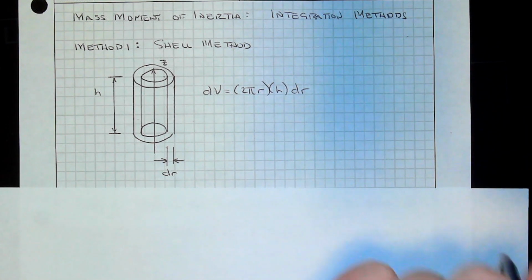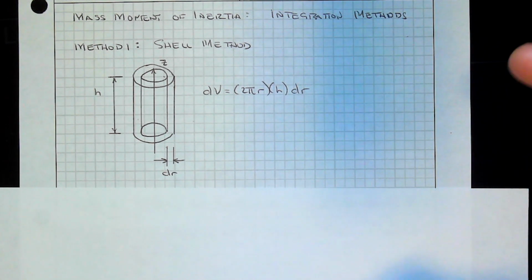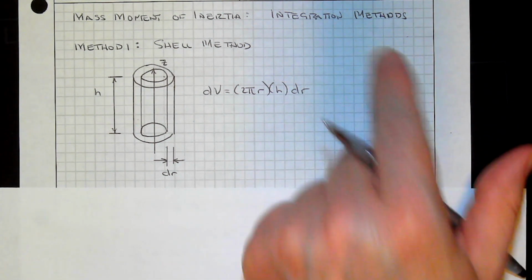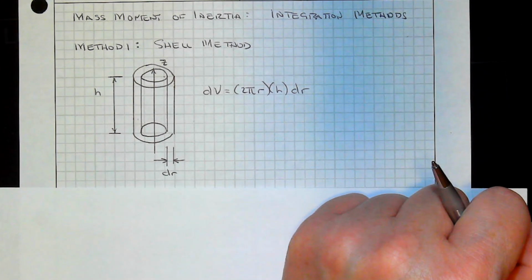Then we introduced mass moment of inertia, we did it by composite parts, and now we're going to do it by integration. So this chapter of just moment of inertia has 6 sections. There's a lot here. So we're starting the last section. So integration methods. All right.